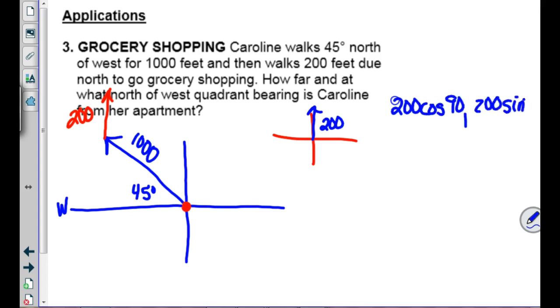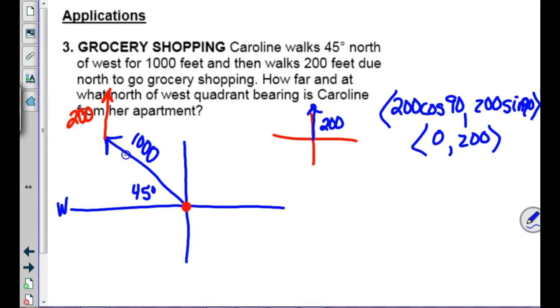Does anyone know what that's going to turn out? Well, you should be able to logic it. 0. Yeah, isn't she just at 0, 200? Yeah. Okay. Because that's what she went. She went straight north, right? Over 0 and up 200.